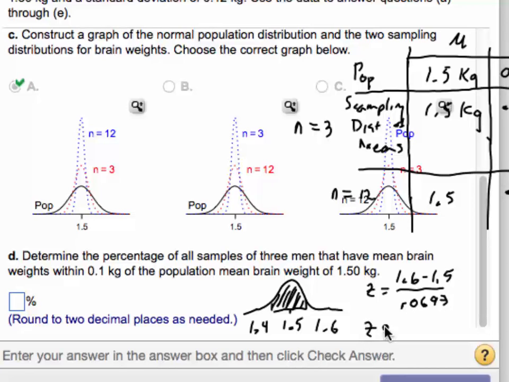And then z of 1.4. And these are our adjusted values, right? We took these values in our distribution and they're adjusted to the standard normal distribution so that we can use the table.